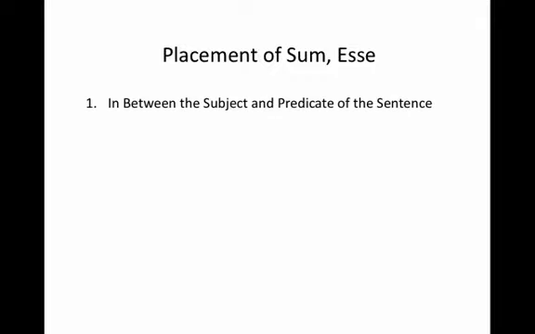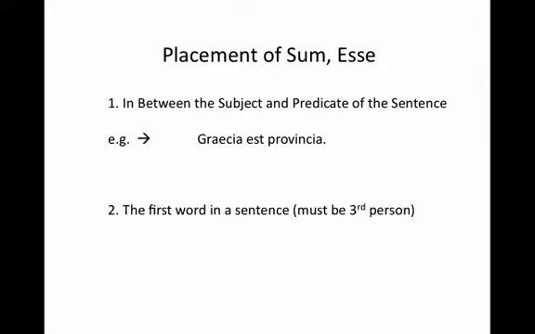The placement of sum esse will also slightly change its meaning. The normal placement occurs when it is put in between the subject and the predicate of the sentence, like we saw in the last example. Graecia est provincia. And here you merely translate it. Greece is a province. However, it can also be used demonstratively.